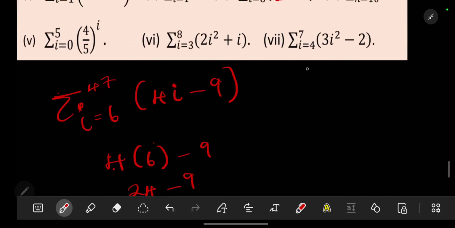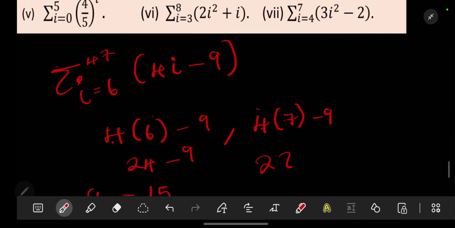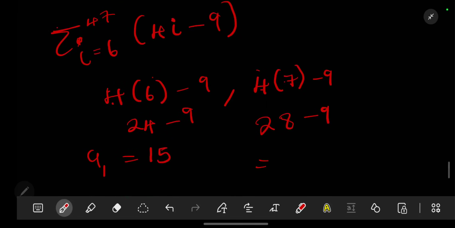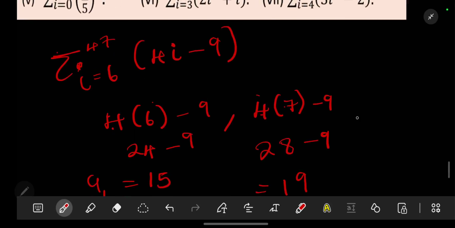The sum of the first term is just the first term itself. The next term, when we put 7: 4 times 7 is 28, minus 9, which is 19. Let's look at the last one.